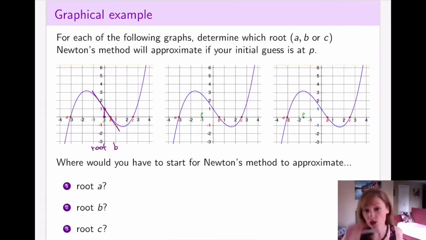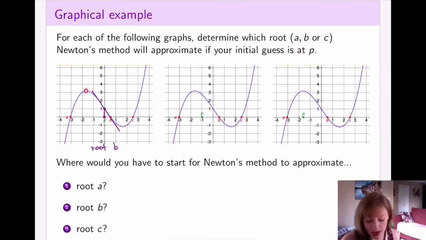Okay, so here you have to think about how the tangent lines get constructed. In order for me to approximate root a, it means that the tangent line that the method will build has to sort of point toward root a. So notice that if I do tangent lines here or anywhere here, they will point toward a.